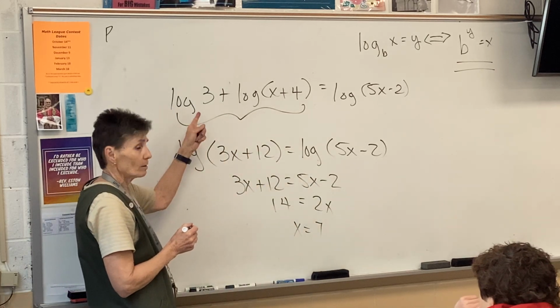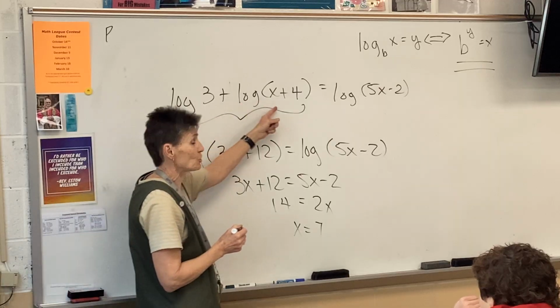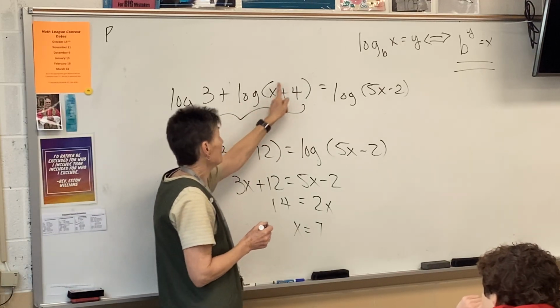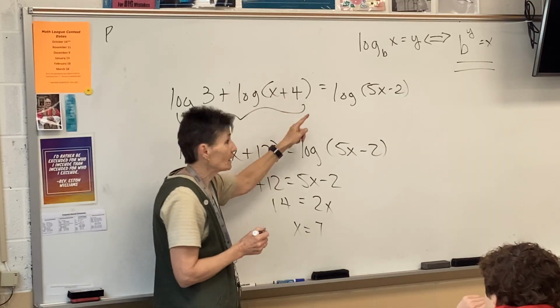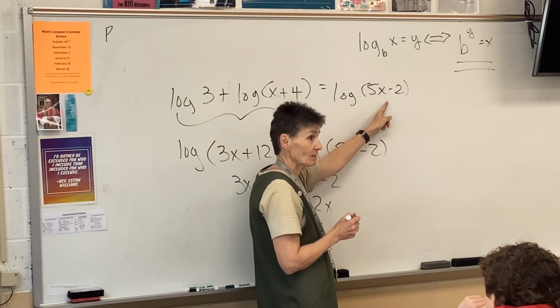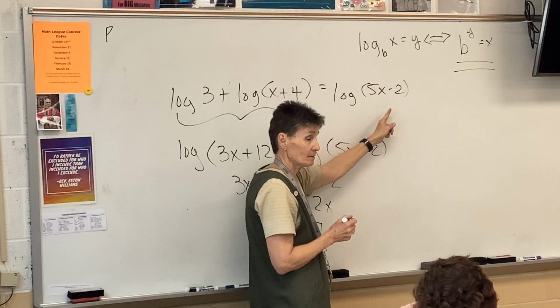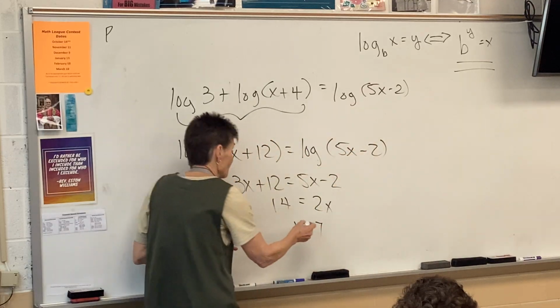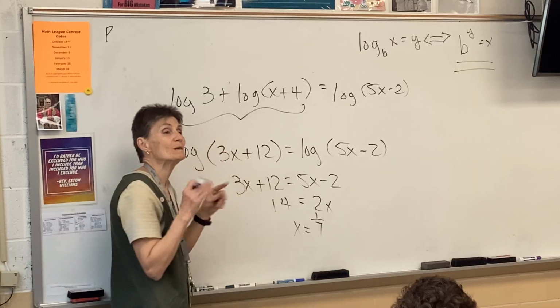Now, all in the habit of going back to the original problem, if I put a 7 in here, this would be positive. And if I put a 7 in here, this would be positive. Okay, now I want to show you something. If we had worked this out and gotten negative 7, we didn't.